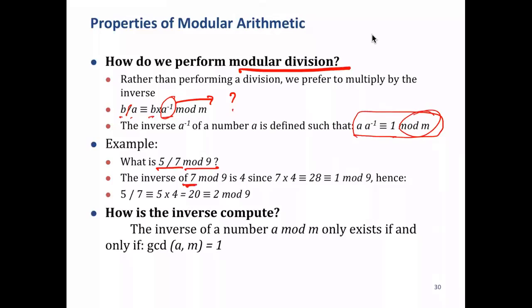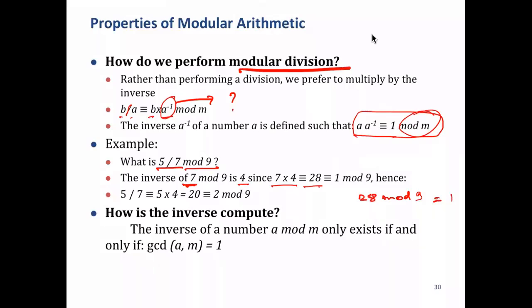The inverse of 7 mod 9 is 4. You get 7 times 4 is 28, and when you do mod with 9, 28 mod 9 is equal to 1.